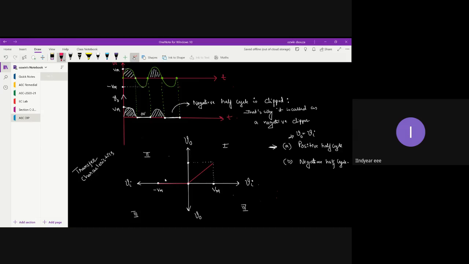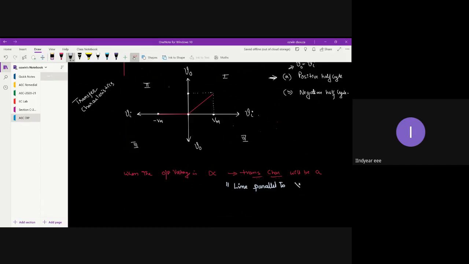So always remember, I'll tell you a shortcut. When the output voltage is DC, the transfer characteristics will be a line parallel to the x-axis.